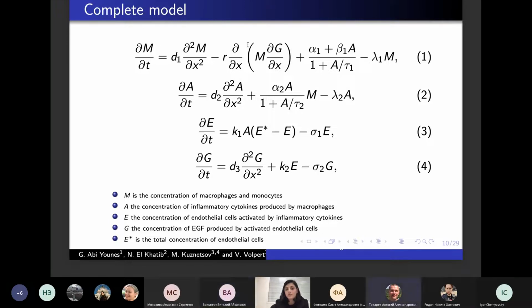Okay. Maybe, Gada, by the way, next time it's better to show this figure with the axis, and maybe it will be more clear. Okay, thank you.